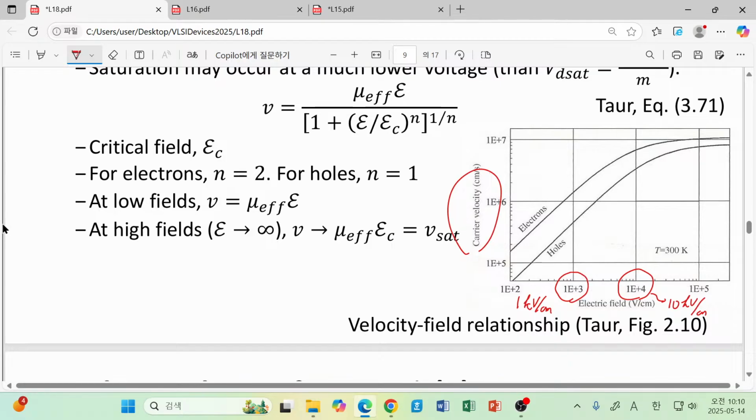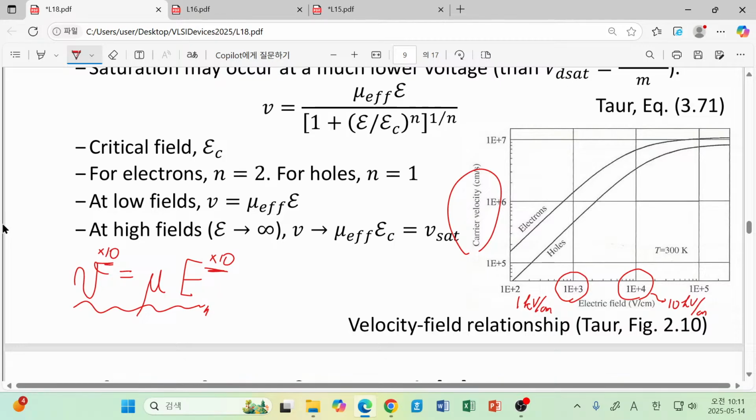Since the electric field becomes 10 times higher, if we follow the linear relationship, the velocity of our electrons will also become 10 times faster, because electron velocity follows mobility times electric field. That was the assumption we have made up to now. So the same mobility and 10 times higher electric field gives us 10 times higher velocity.